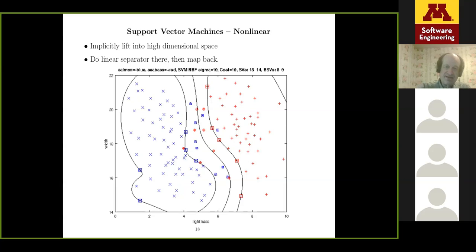And if you do that, you can do the support vector machine linear separator in that high dimensional space, and then if you project that back to the original 2-dimensional space that you can see here, this divides the whole space into the regions that would be classified as red, the regions that would be classified as blue, and the no man's land in the middle.